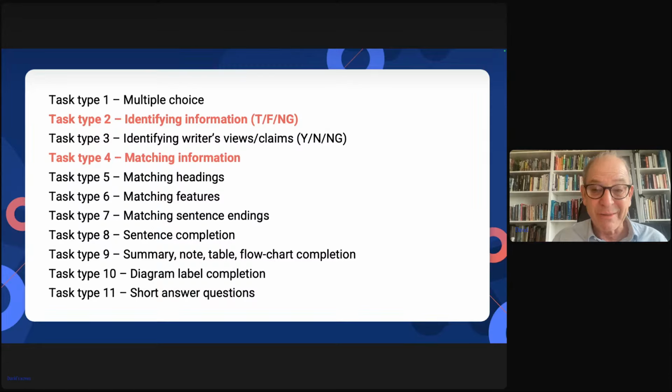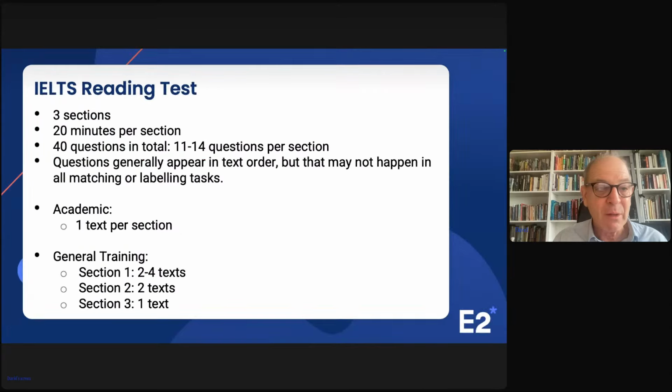Now, if you have a look at that, there are 11 task types in IELTS reading. So you need a method for each of these, and some of the methods are similar, but you need to be aware of them and practice, and practicing off the platform will enable you to do that. In the IELTS reading test, there are 3 sections, 20 minutes per section, 40 questions in total, 11 to 14 questions per section.